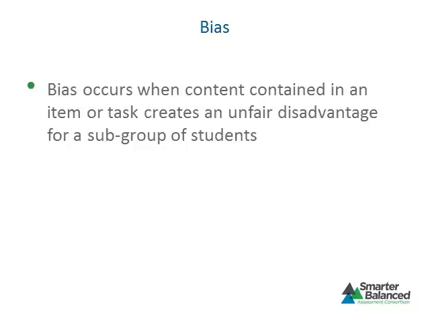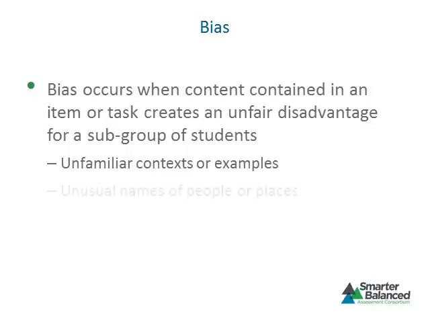Some characteristics of an item that can create bias include context or examples that are unfamiliar to subgroups of students, such as sports, hobbies, or activities. The use of names of people or places that may be unfamiliar to or cause confusion for subgroups of students. For example, using Jakim, Sarasota, or Paris as a person's name in a word problem may be confusing to some students.